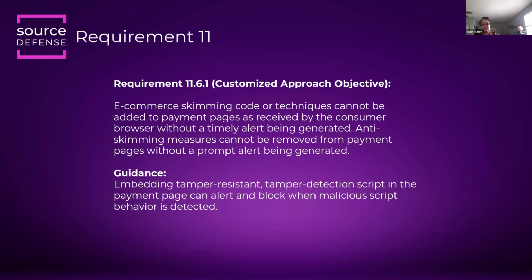You have an opportunity to determine rather quickly whether that was something you knew about and authorized, or some sort of nefarious attempt to alter those payment pages in a way that exposes data that was not intended to be exposed.